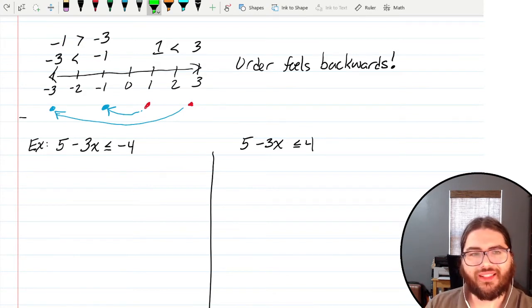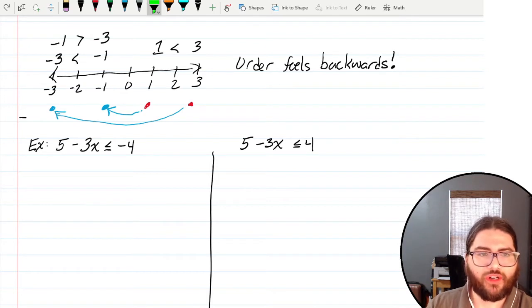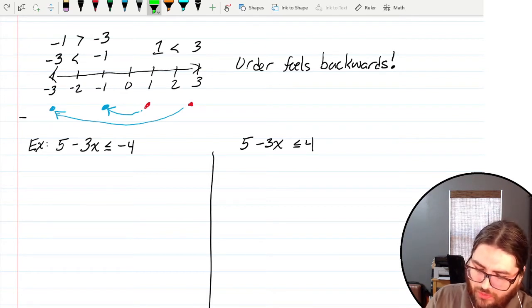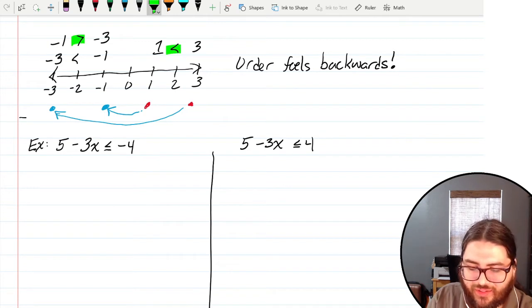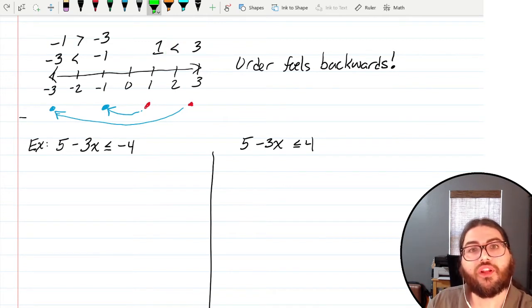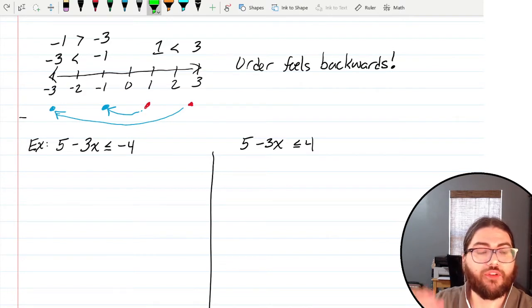And so when I did this multiply by -1 operation, I had to change from a less than to a greater than. And that encompasses the idea that when I choose to go to the negative side of the number line, I flipped everything around by multiplying by a negative number.